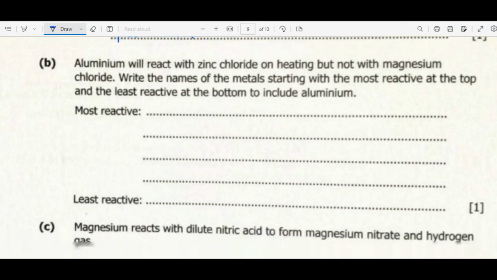question B. Aluminium will react with zinc chloride on heating but not with magnesium chloride. Write the names of the metals starting with the most reactive at the top and the least reactive at the bottom to include aluminium.